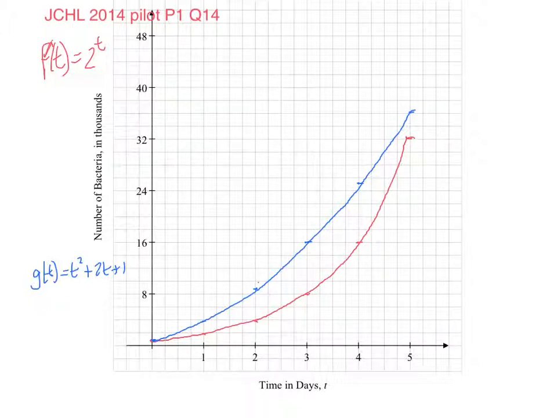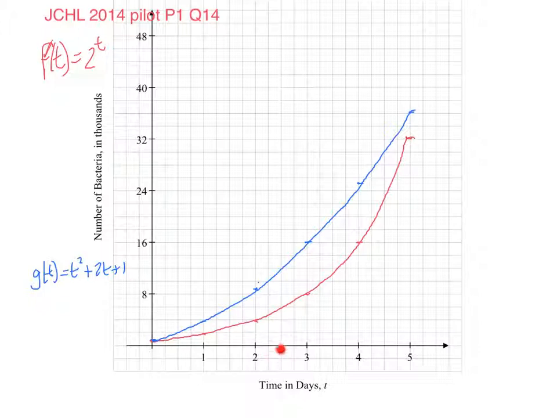And then moving on to parts 2 to 5, they're asking you to show your working on the diagram. So we'll just work our way through this. Part 2: use your graphs to find the difference in the number of bacteria predicted by Paul and the number predicted by Marie after 2.5 days.